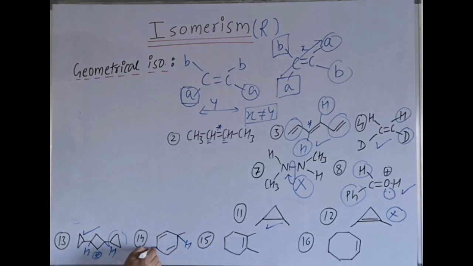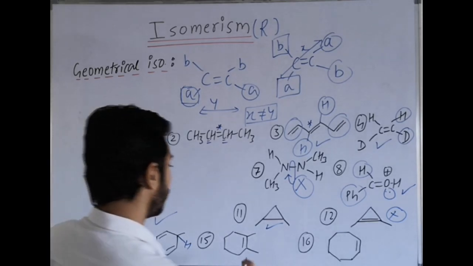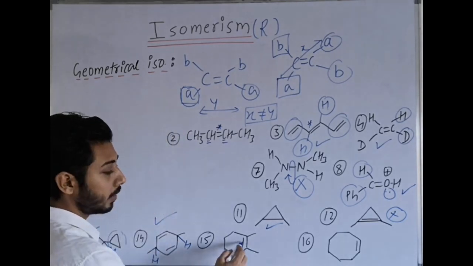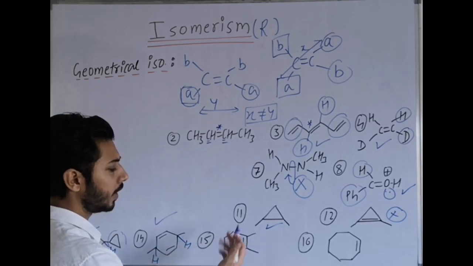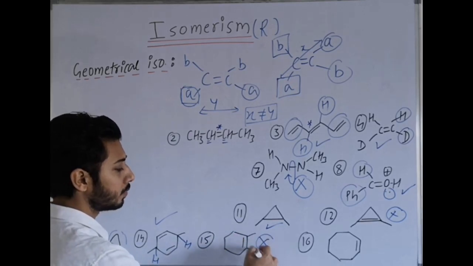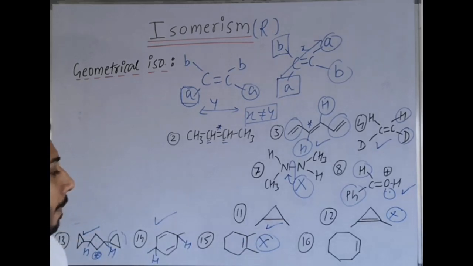Exactly opposite contains 1 hydrogen, 1 methyl. Now this will participate along the first and fourth carbon, which is sp3. Then next example, along double bond, no GI, and all other sp3 groups, they contain CH2, so not possible.